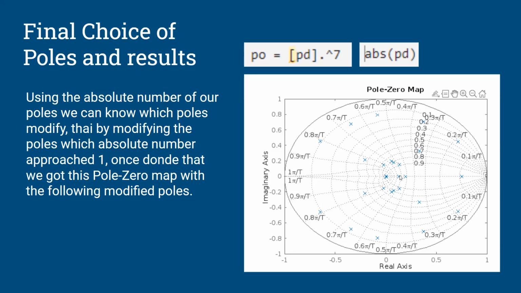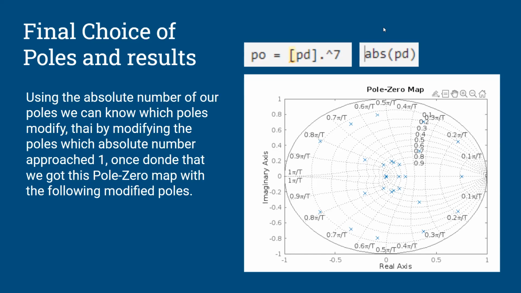This makes them closer to the center, and using the absolute value of the poles, we can know which poles to modify: the ones whose absolute value approaches 1. Once done, we got this pole zero map with the following modified poles.